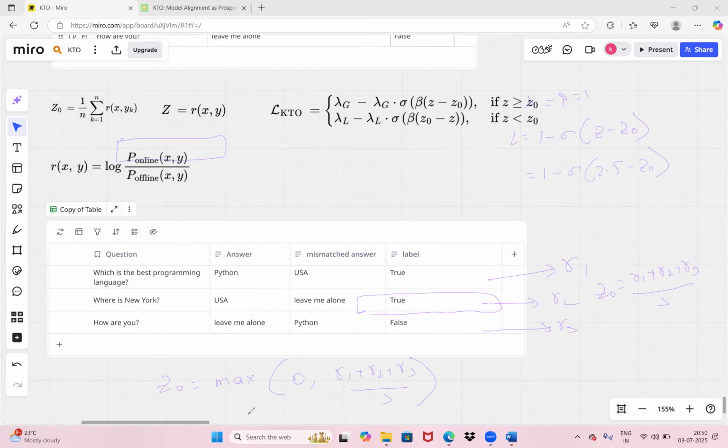So why this clipping function is very important? Now let's assume in the nth iteration, my model has become very intelligent. If my model has become very intelligent, my z naught value will be very less, right? Why? Because it's nothing but average reward. So if you calculate all these rewards, the reward for a question and mismatched answer pair will always be less. My online probability will be less.